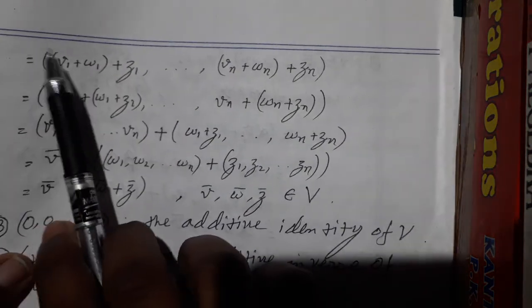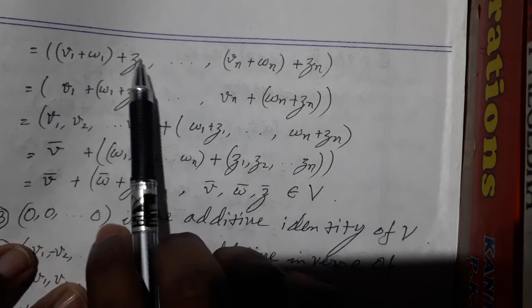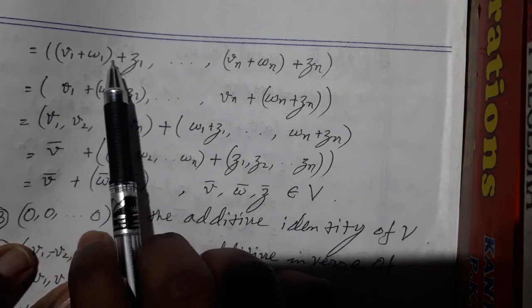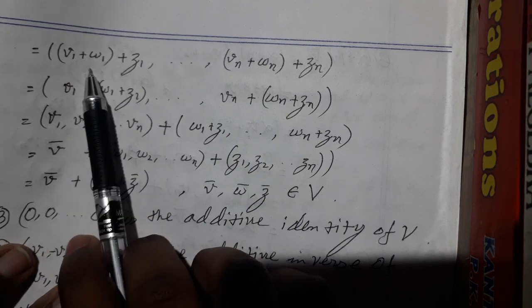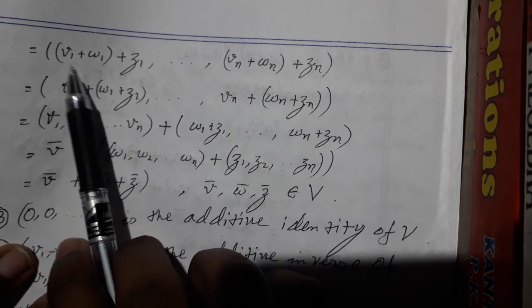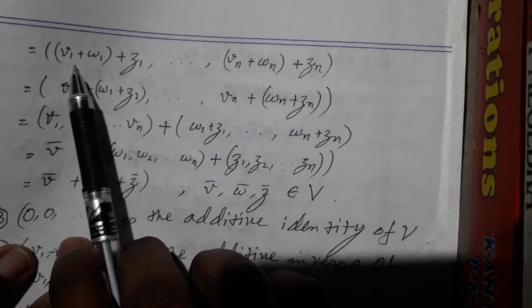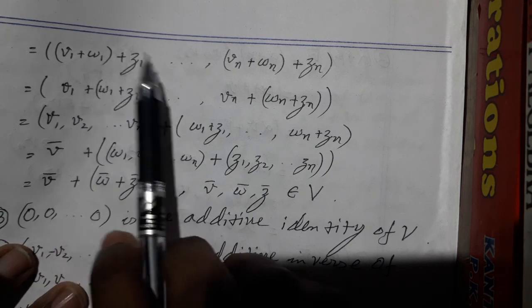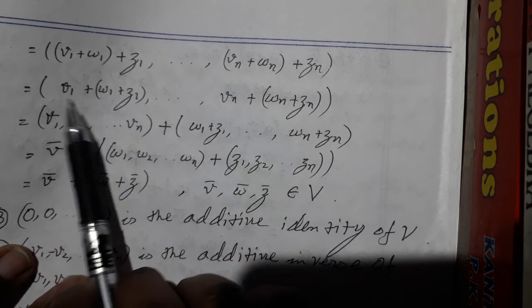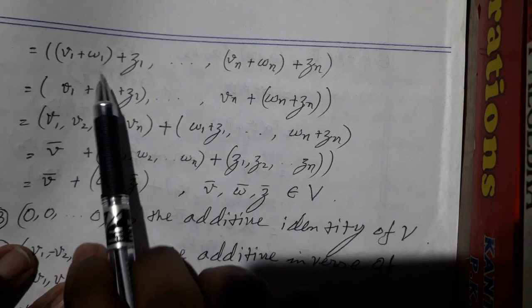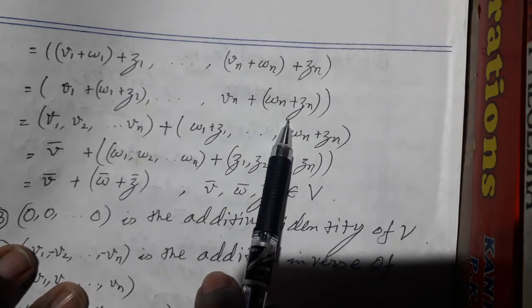Now see here, these are elements of the vector space. As the associative law holds in the vector space, we can interchange this. In the same way we get this here also.